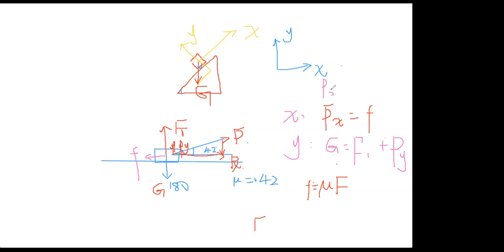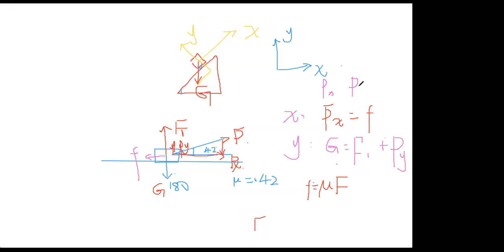Okay. And here we also didn't write out how we calculate Px and Py. I'm sure you already know. Px is P cosine 42. Py is P sine 42. Right, Px, Py.